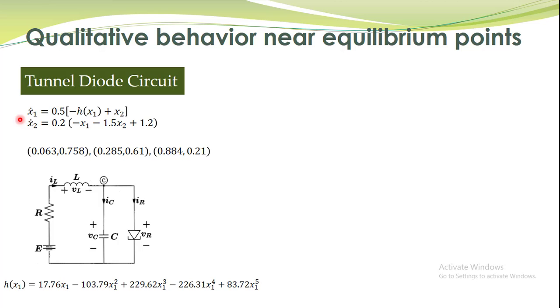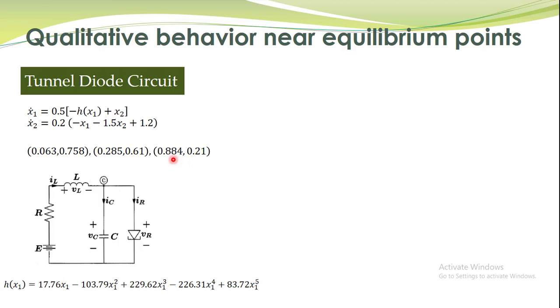And there are 3 equilibrium points for this system, one at this location, the second at this one, and the third at this one. One strategy, as we studied earlier, is to sketch the phase portraits for this system to study the qualitative behavior. However, you remember sketching phase portraits is not an easy task, that is quite difficult.